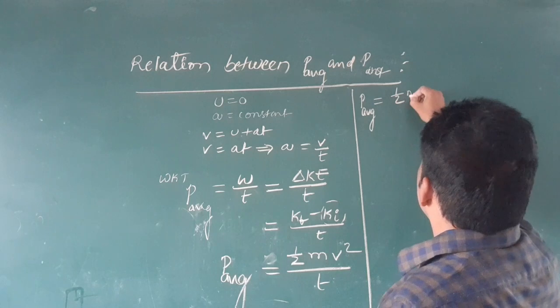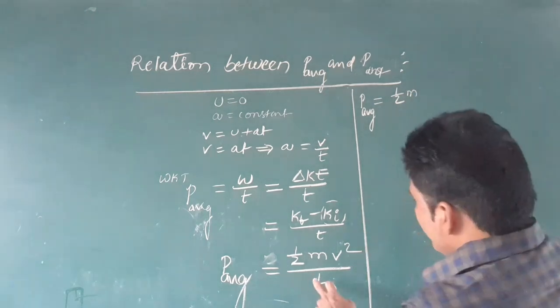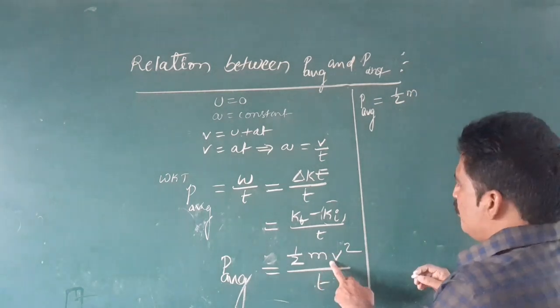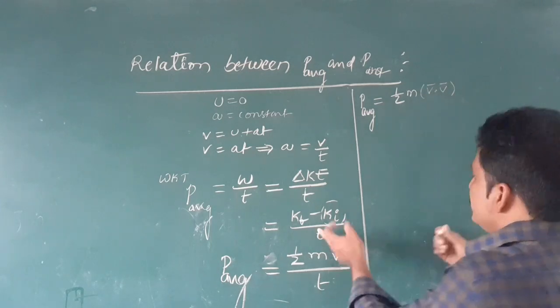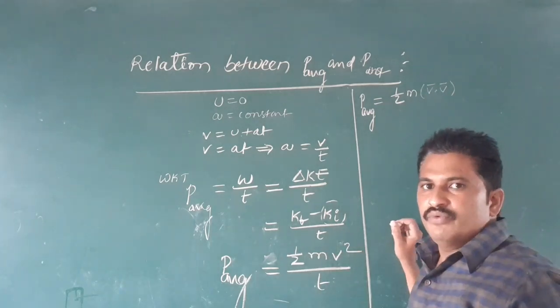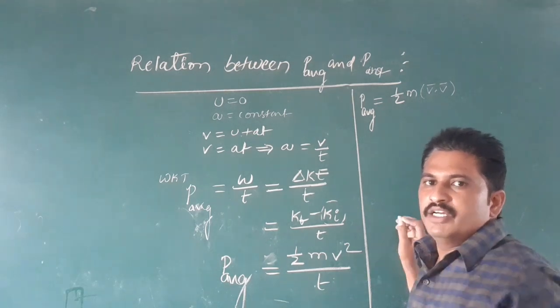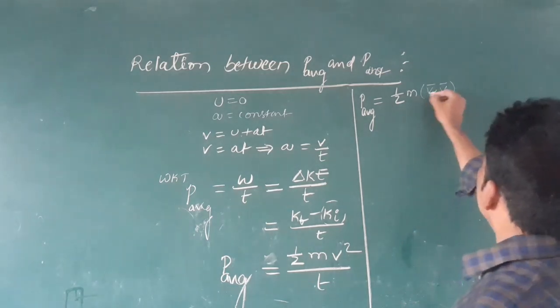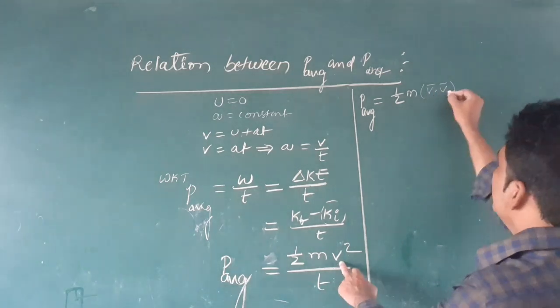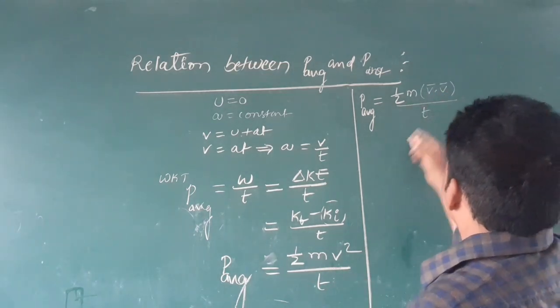Then we can write P average is equal to half m. We can express this in terms of the dot product. We can write v bar dot v bar. The dot product of a vector with itself can be written as the square of the magnitude of that vector. So here v bar dot v bar is equal to v square, whole divided by time.